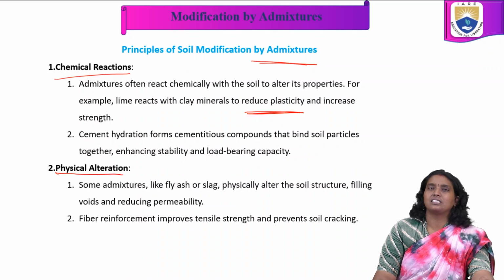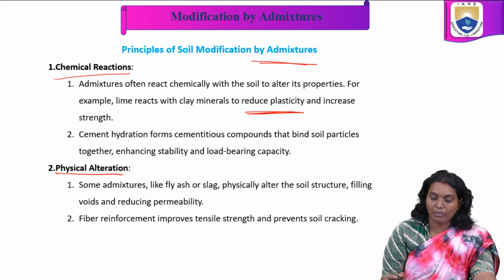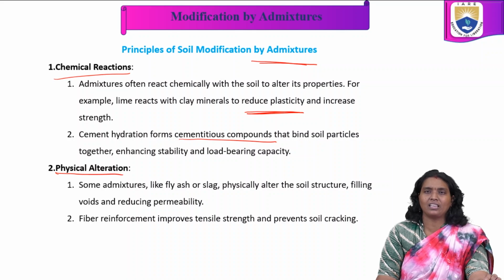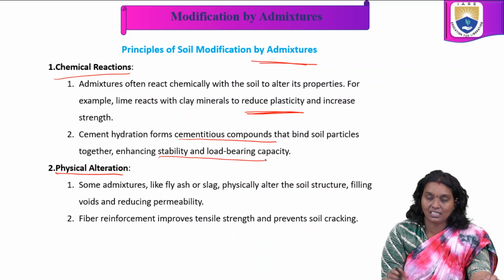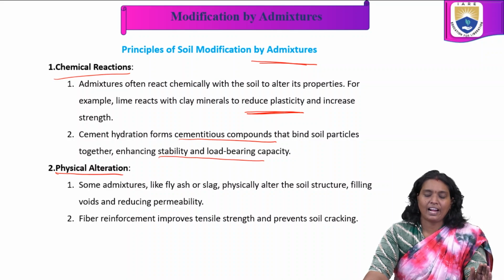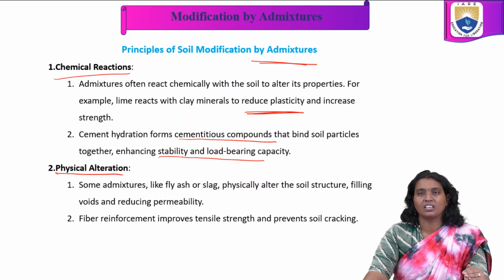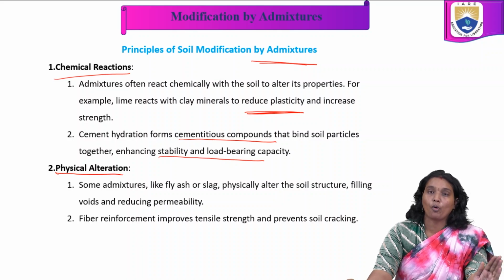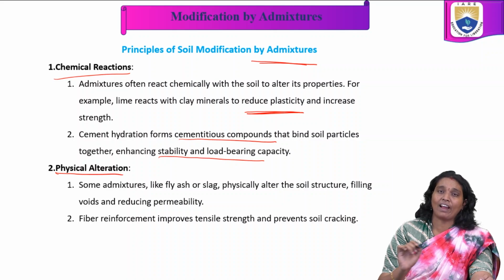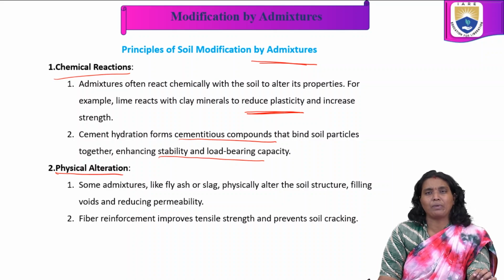In this, cement hydration forms cementitious compounds that bind soil particles together, enhancing the stability as well as the load bearing capacity of the soil. Cement hydration forms these kinds of various properties. So adding different kinds of admixtures gives better performance of soil stability.